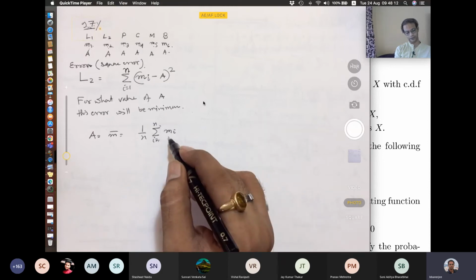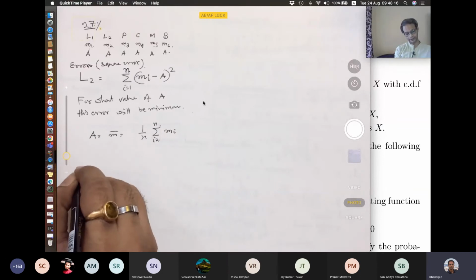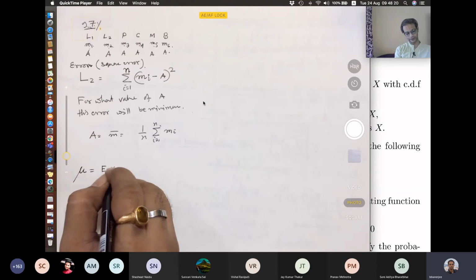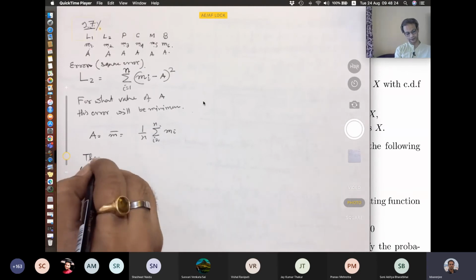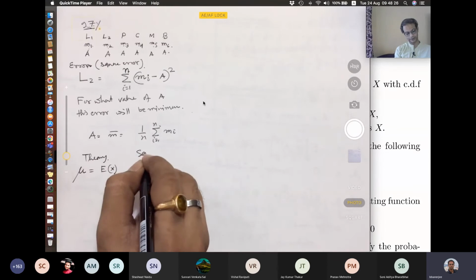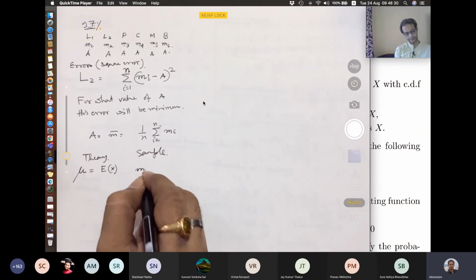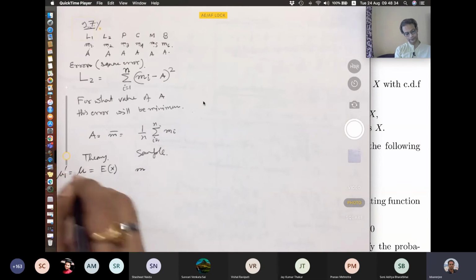Now I am defining in this way that mu, which we have already defined, is the expectation of x. Its sample version, this is theory, the sample version is m, so mu1 prime equals mu.